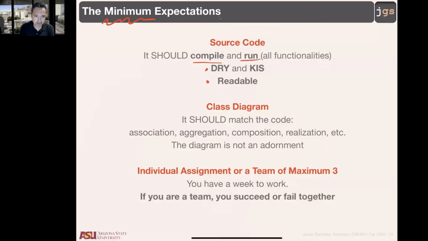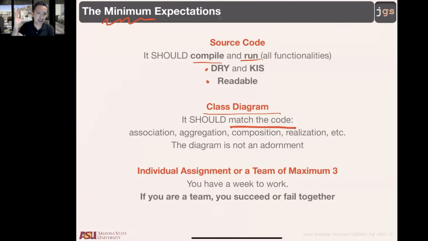We are expecting that. Second, I am asking you to submit your source code and also, again, your class diagram. I am asking for the class diagram, not the architecture. Your class diagram, and well, obviously, minimum expectations: your class diagram matches the source code.